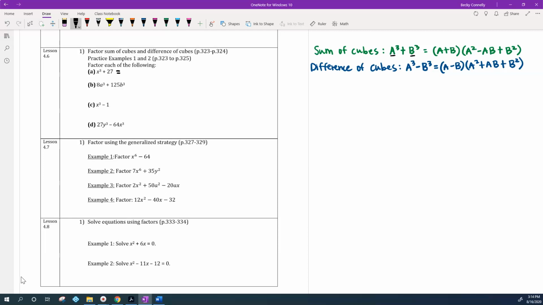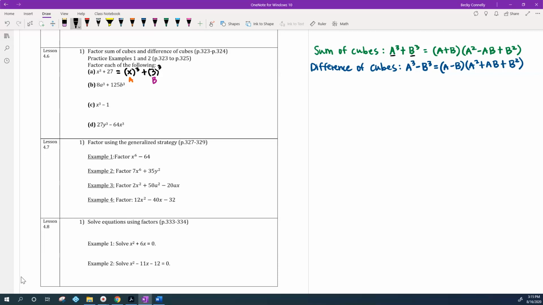So I have x all cubed plus 3 cubed. I can see that x is going to be my A and 3 is going to be my B.